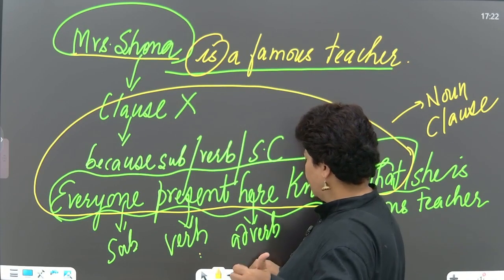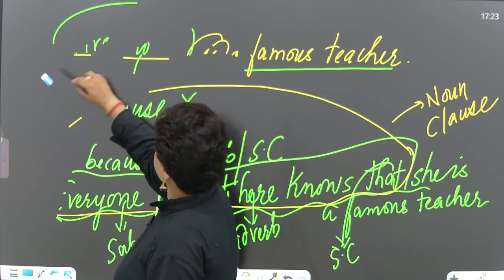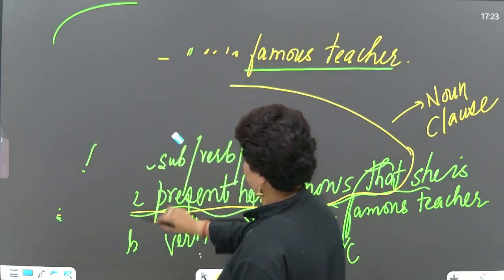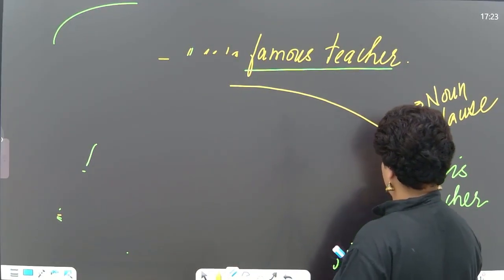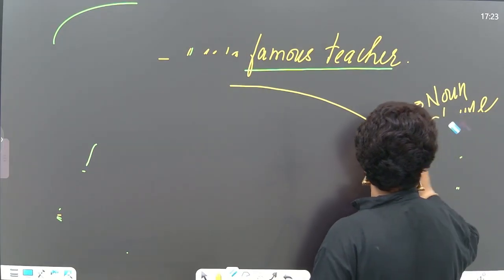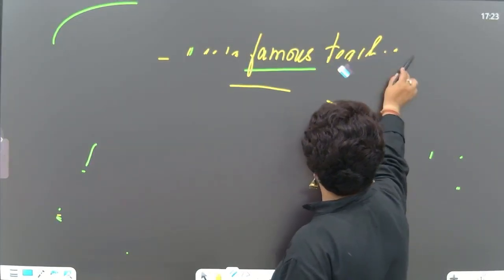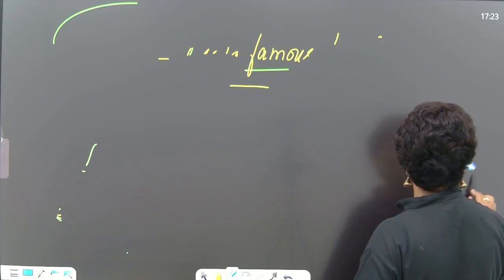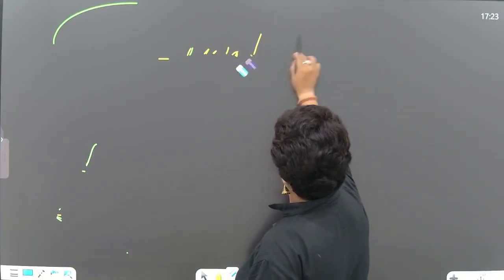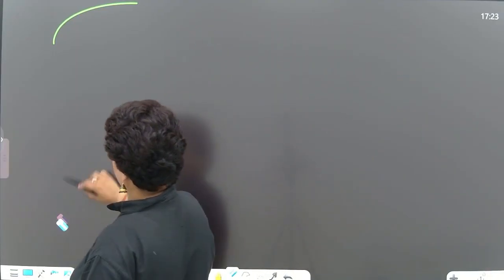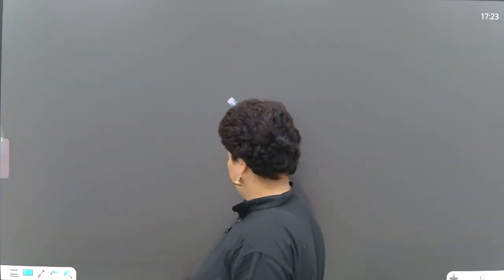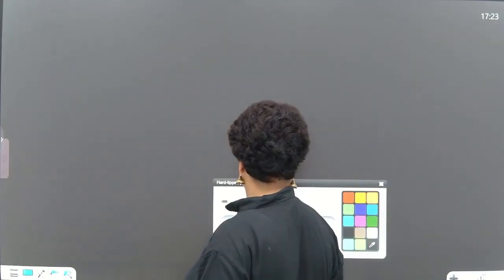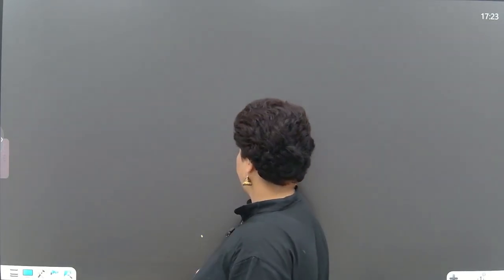Coming to the third part, we take another example for this. We take into consideration the third example now. How to manifest what is a noun clause? We need to have the complete strata of a noun clause. I take another thing.